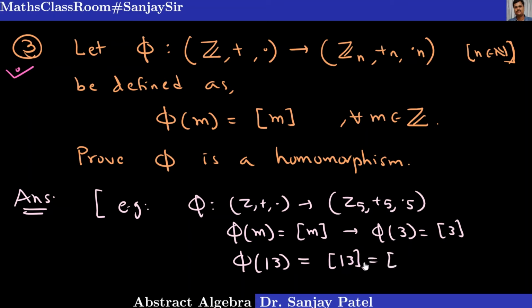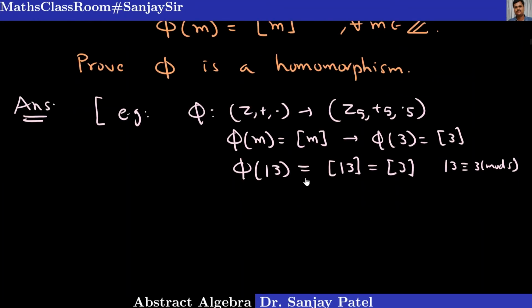This 13 is equivalent to class 3, because 13 is congruent to 3 modulo 5. So every time you have to mod out the result.